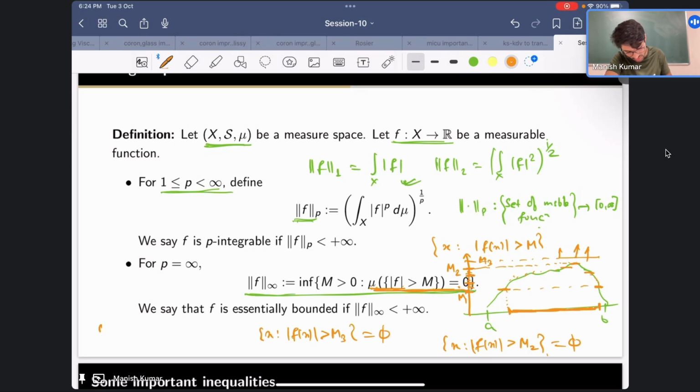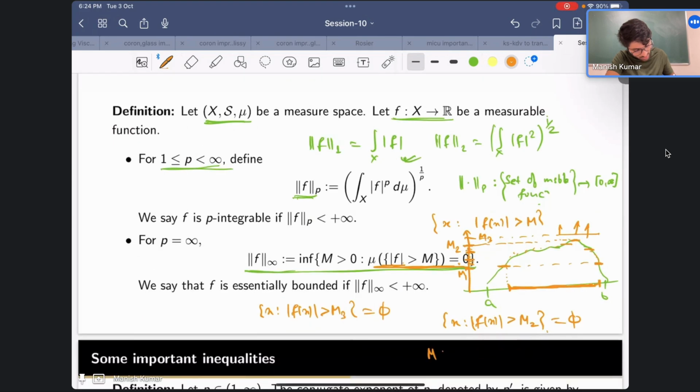So the set of such m is m2 to infinity, the values for which the measure is 0. So if you choose any m greater than or equal to m2, this implies that the set where mod f is greater than m is a null set, right?